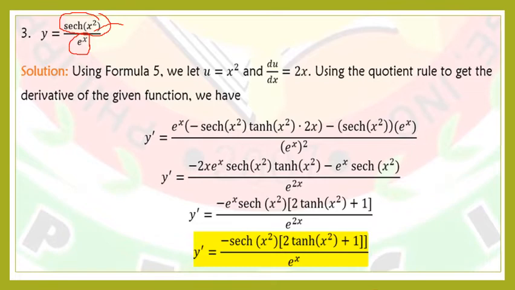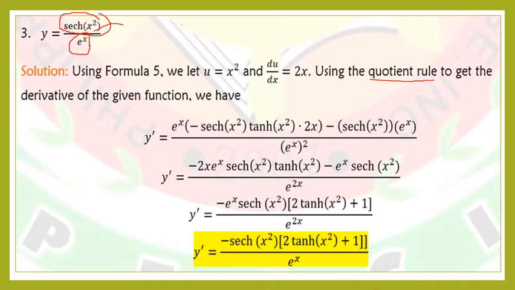We use the quotient rule to get the derivative of the given function, because the operation involved is division. The quotient rule is low d high minus high d low over low squared, or bu prime minus ub prime over b squared.